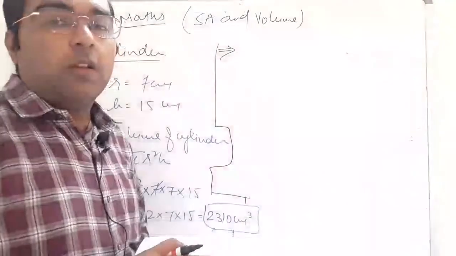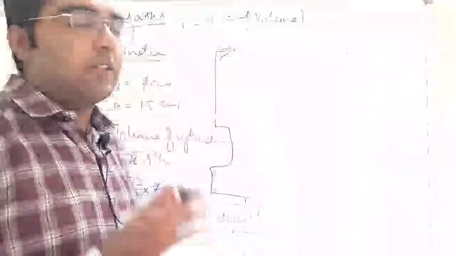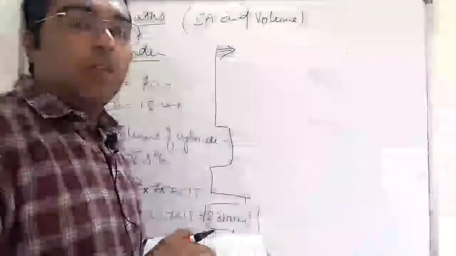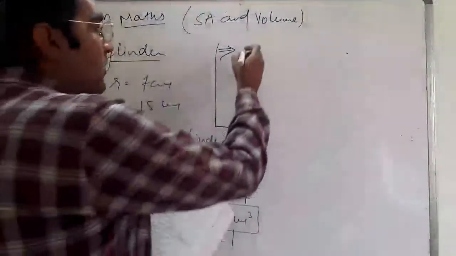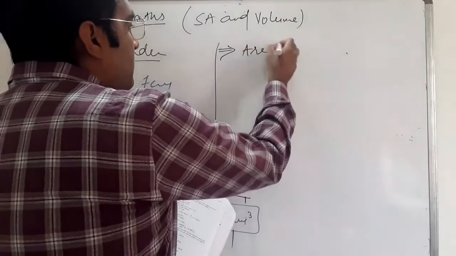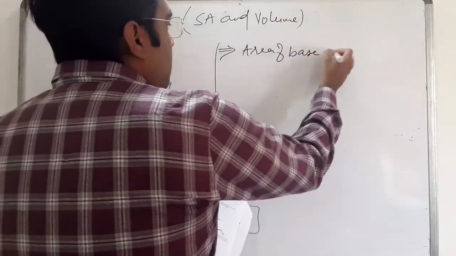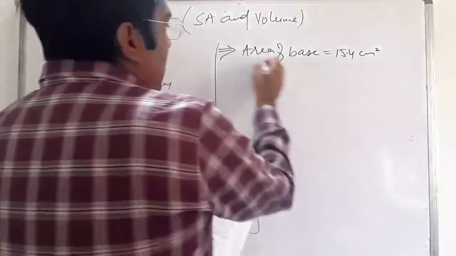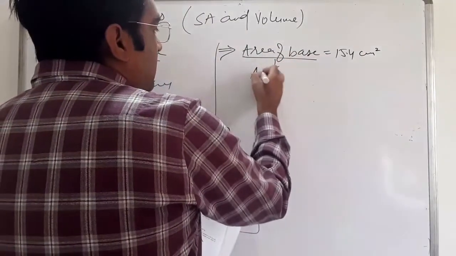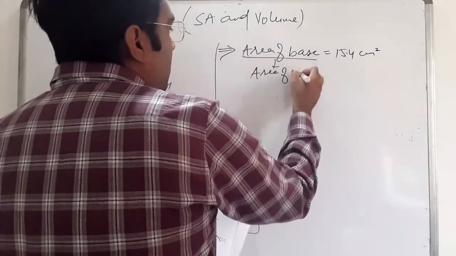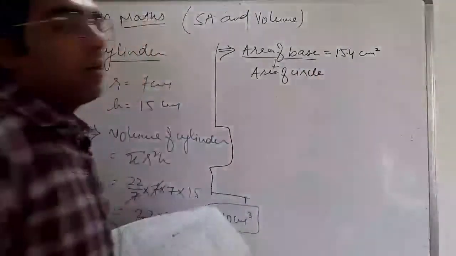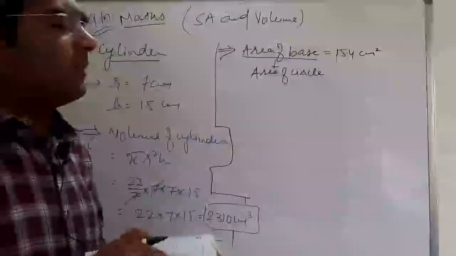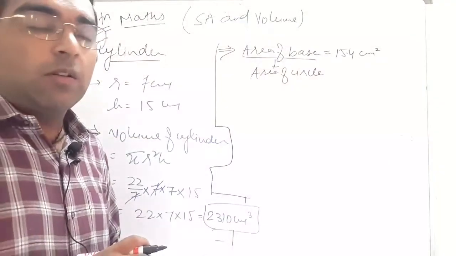Now in this cylinder there is a base, which is the circular portion, so the area of the base is 154 centimeter square, and we take the area of the base as the area of a circle, because a cylinder always has a circular base.